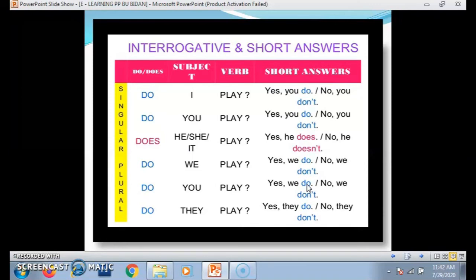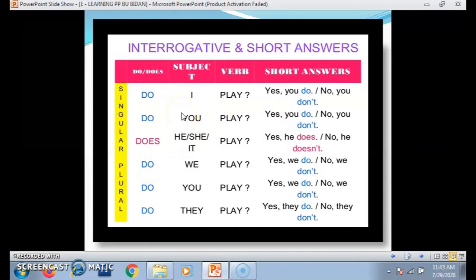Do and does are used to make negative and interrogative form in simple present tense. So, read it carefully.